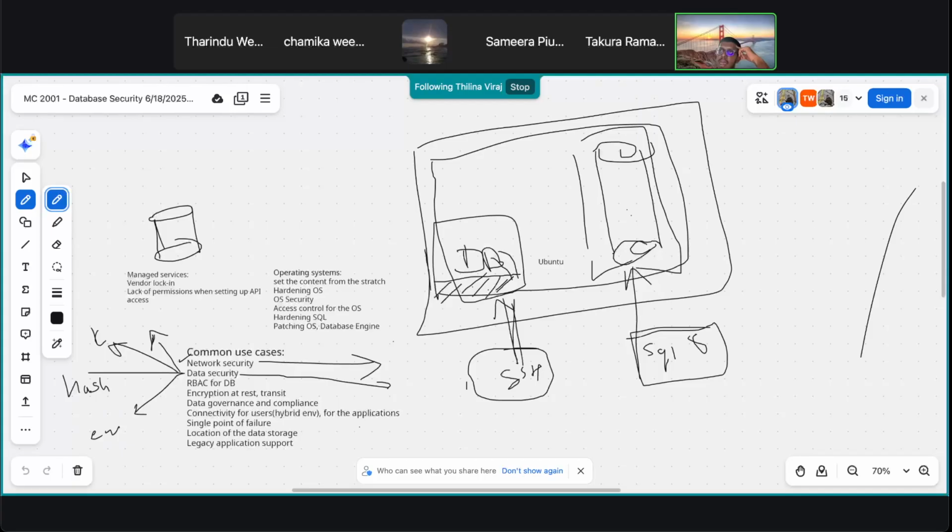That's again the RBAC, encryption. So if you come here, this is RBAC, encryption, hashing, right? So those sort of things will be covered under the data security.